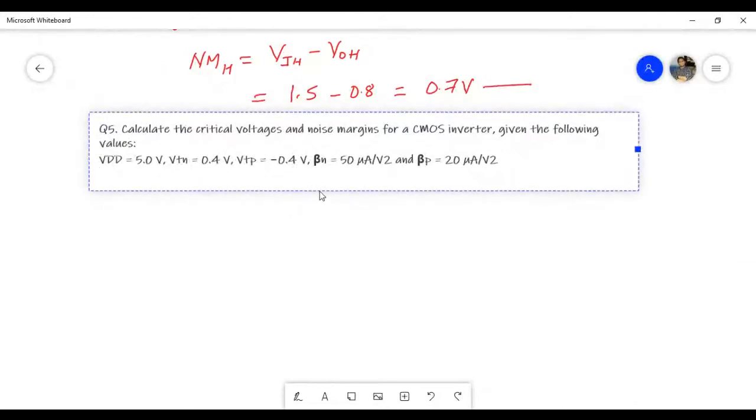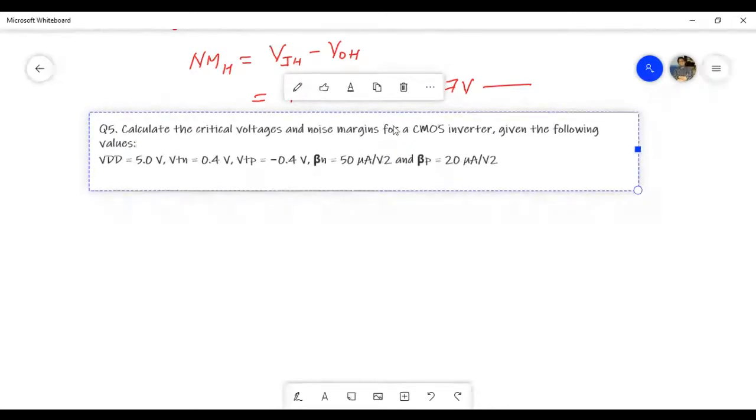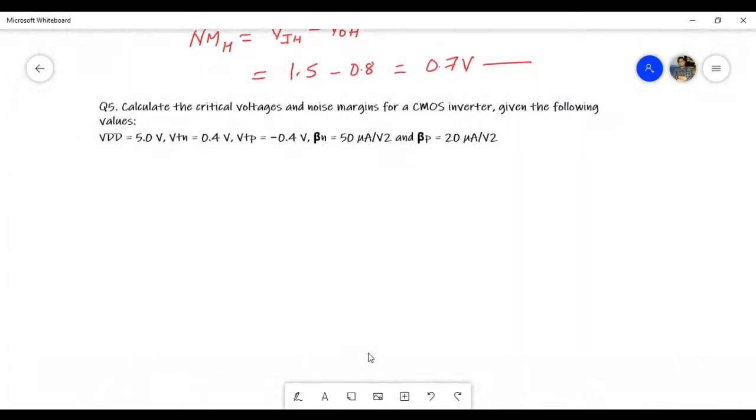In this case, calculate the critical voltage and the noise margin for the CMOS inverter. You have studied the CMOS inverter. It is given as follows. Okay, so here is VDD. I think we already studied this.